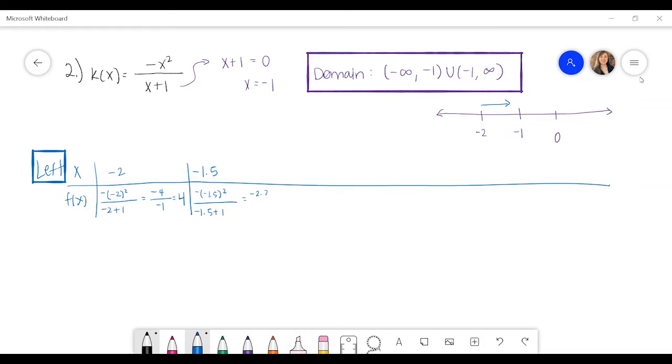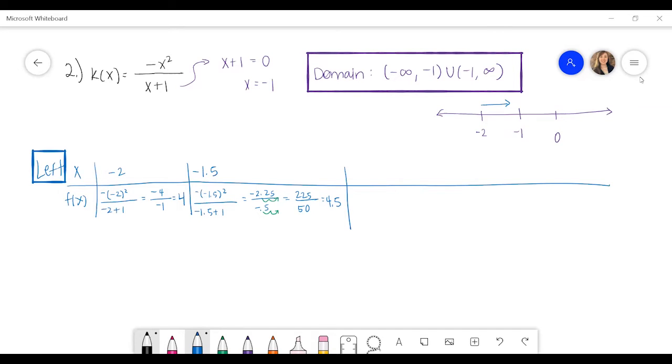Negative 2.25 divided by negative 0.5. I can move those 2 decimal places over, but if I do, I have to move an extra one down here. So this would be negative and negative, so I can just drop them, right? 225 over 50. And that may not divide as cleanly as we want it to. Let me actually, if I just throw it on a calculator, I get 4.5.